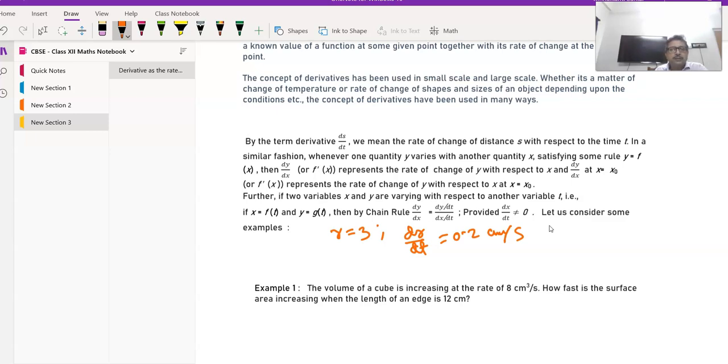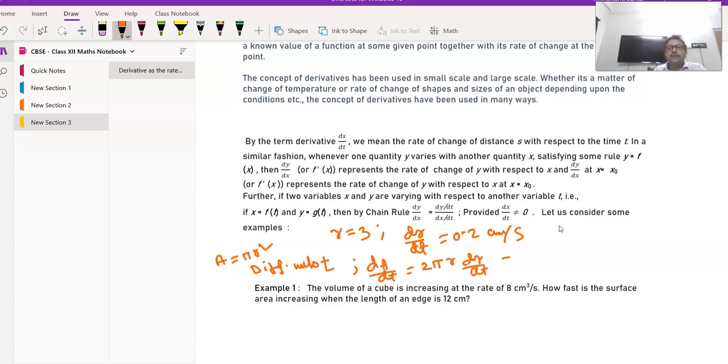So first we pose the problem, we write A equal to pi r square, then we differentiate with respect to t. You all know the derivative of this term, so dA by dt equal to pi into derivative of r square, 2r, so it will be 2 pi r dr by dt.